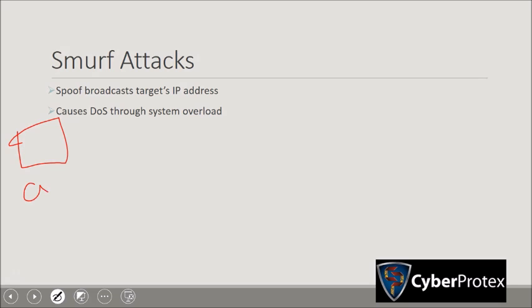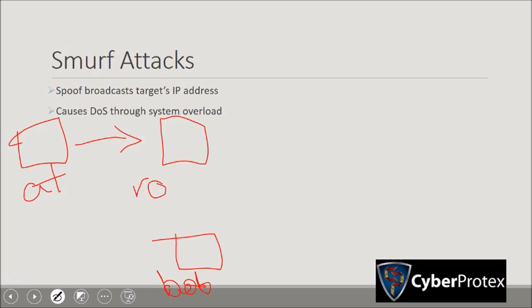We have our attacker, who's wanting to cause some havoc. We got our victim Bob. And what will happen is our attacker is going to send a broadcast message, an ICMP, that's Internet Control Message Protocol, an ICMP request to our router.